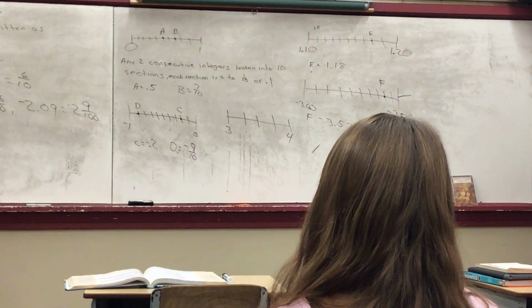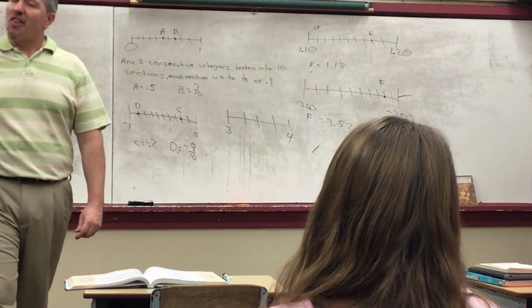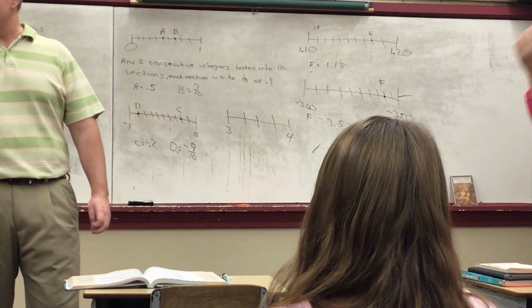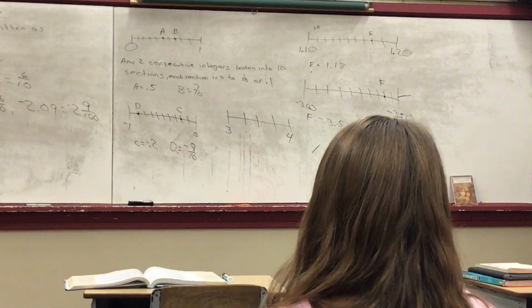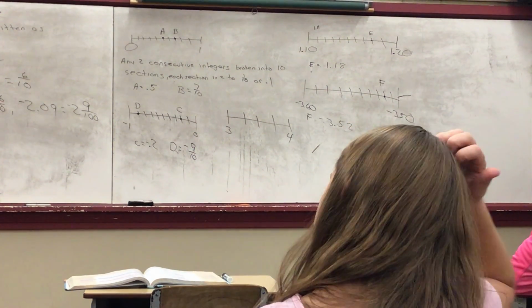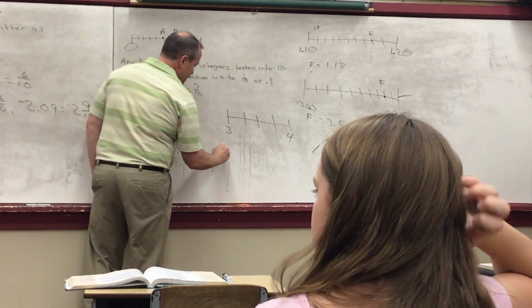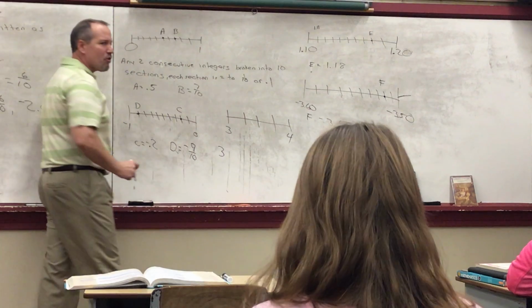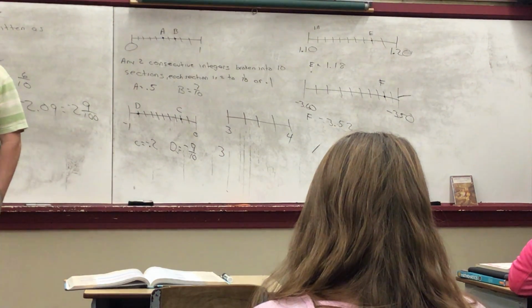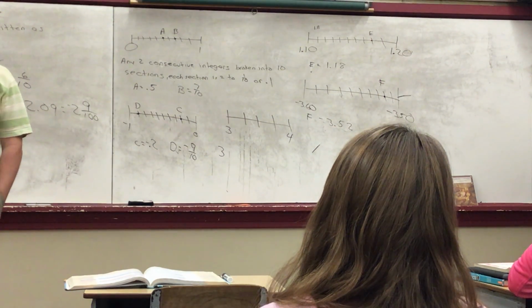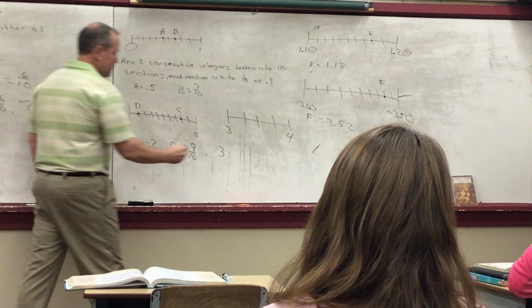No, decimals are very easy when they're broken into 10 sections. They're not very easy when they're broken into less or more than 10 sections. So in this situation, what we're going to do is we're going to work with fractions. Okay? So, since it is broken into 4 sections, what denominator do we want to use? We want to use a denominator of 4.